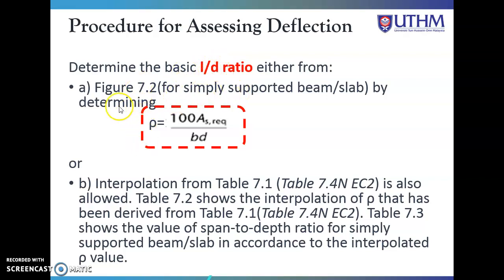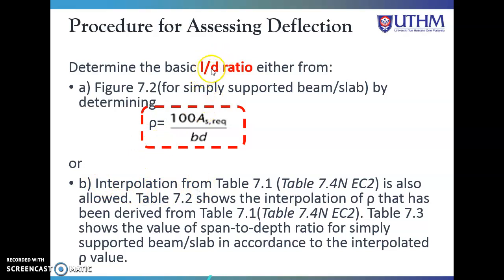Ada few steps. First is by using figure 7.2 for simply supported beam by determining the rho. Kat sini rumusnya adalah kita nak cari nilai rho. Nilainya adalah 100 times AS required, so AS ni adalah area of steel yang required, divide by B and D.